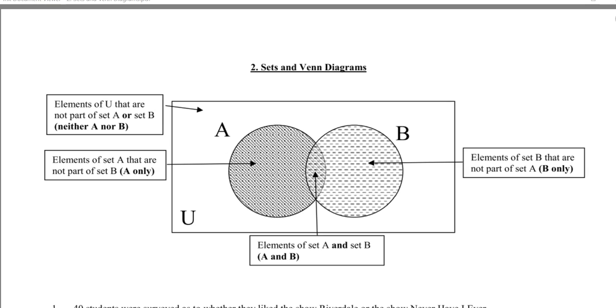And then outside of those 3 regions are elements of U that are not part of set A or set B, so we'll call that neither A nor B.